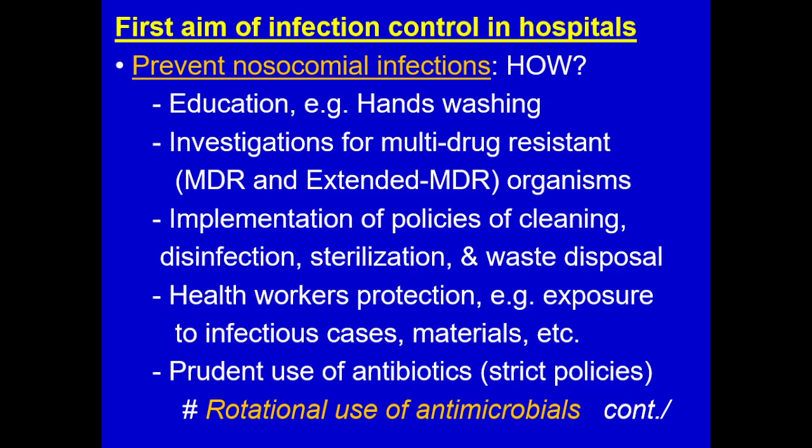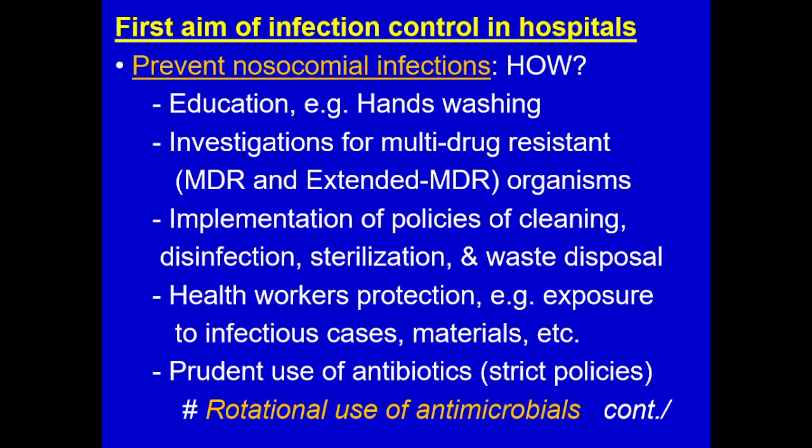And even there is nowadays a policy in hospitals which is called rotational use of antimicrobials. What is the rotational use of antimicrobials? The epidemiology section in the hospital will advise you that during this month, during October, for example, we are going to use such and such antibiotics for gram positive, for gram negative, etc. So they restrict you to certain antibiotics which are allowed to be used in the hospital.